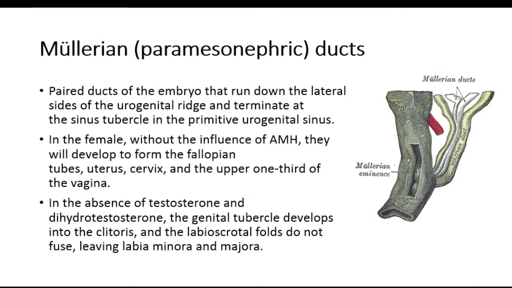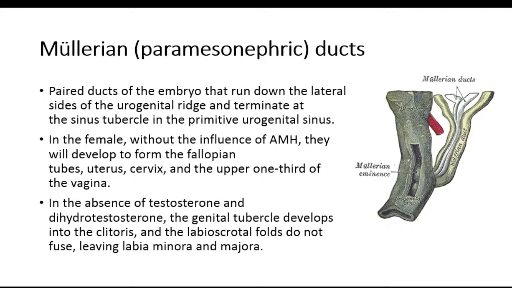Mullerian or paramesonephric ducts are paired ducts of the embryo or fetus that run down the lateral sides of the urogenital ridge and terminate at the sinus tubercle in the primitive urogenital sinus. In the female, in the absence of anti-Mullerian hormone, AMH, they will develop to form the fallopian tubes, uterine cervix, and upper part of the vagina.